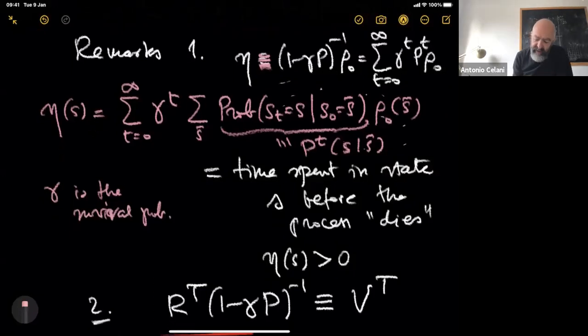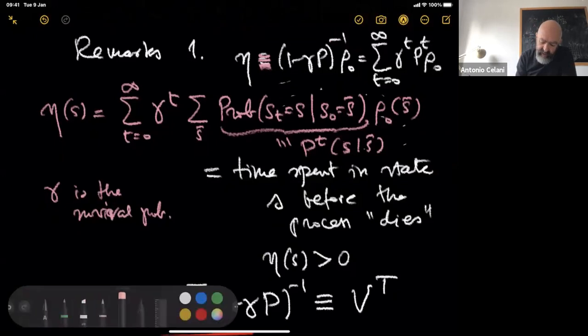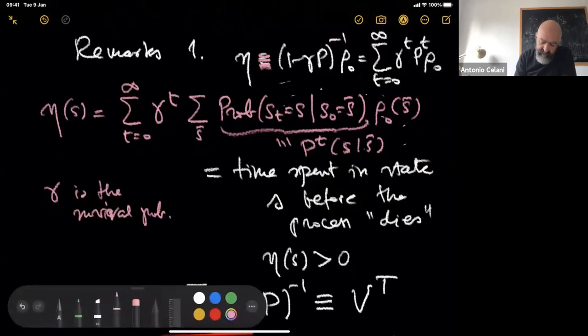Another way of writing it, if we find it more clear, is as an average.